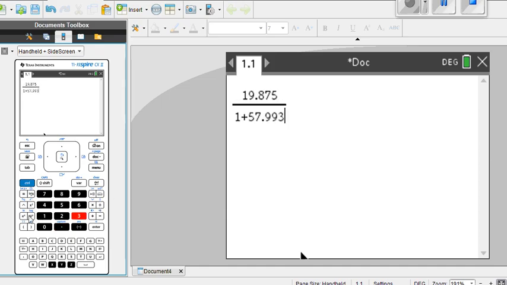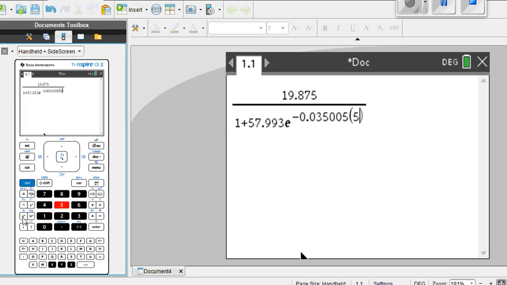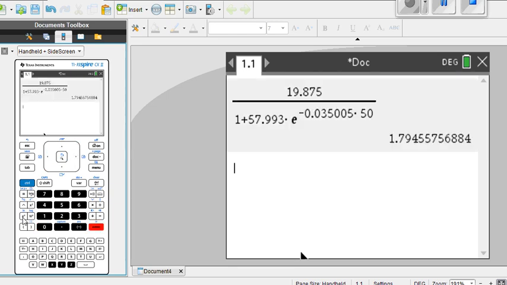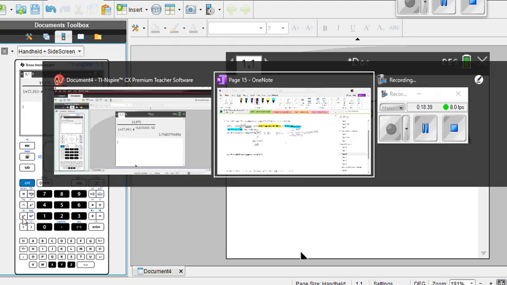And again, my E button is over on the left side. And I end up with about 1.79455.